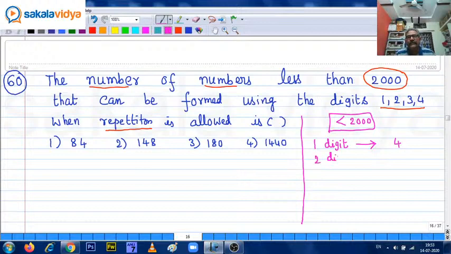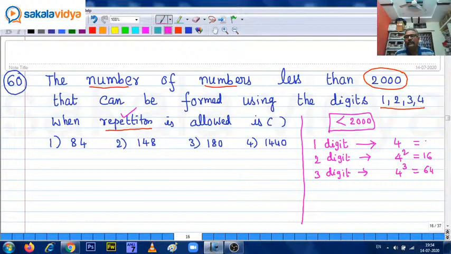2-digit numbers: repetition is allowed, 2 places, so you get 4 square, that will be 16. Next 3-digit numbers: 3 places with 4, repetition is allowed, 4 into 4 into 4, 4 cube, that will be 64.